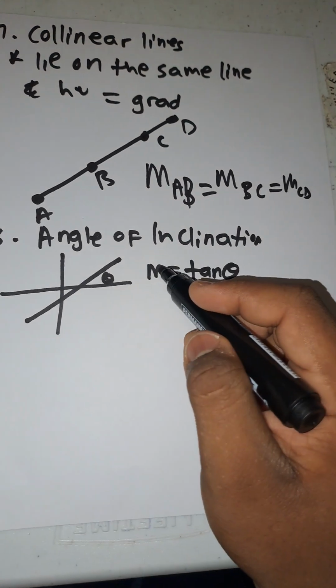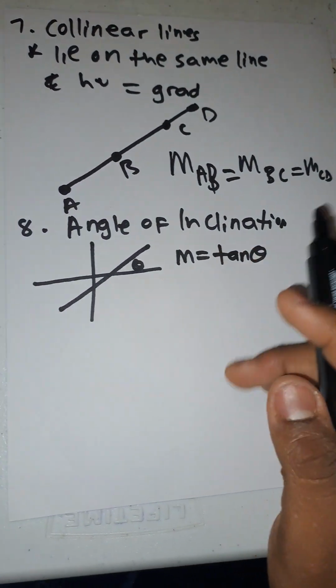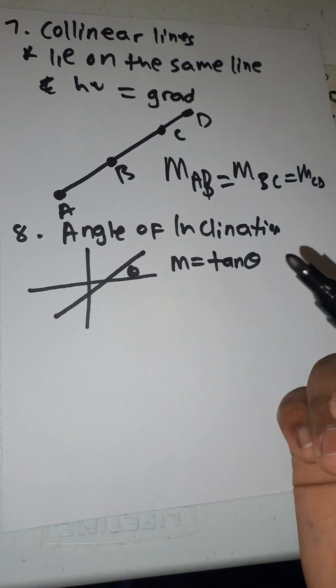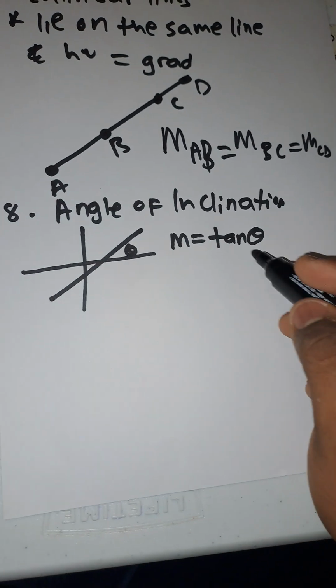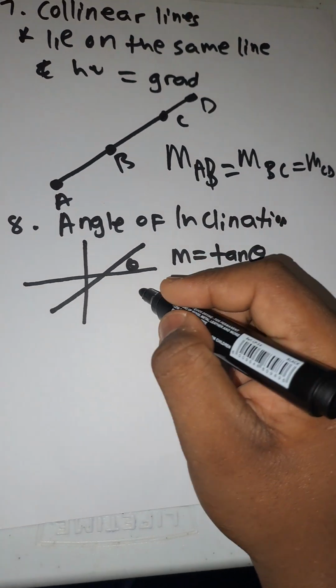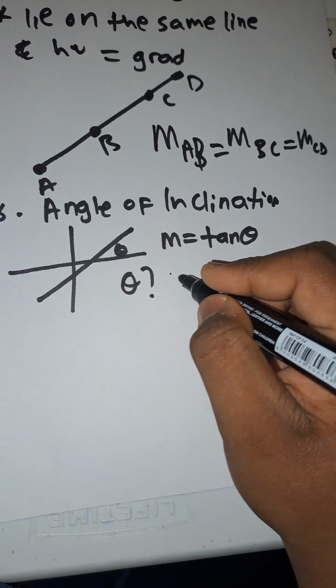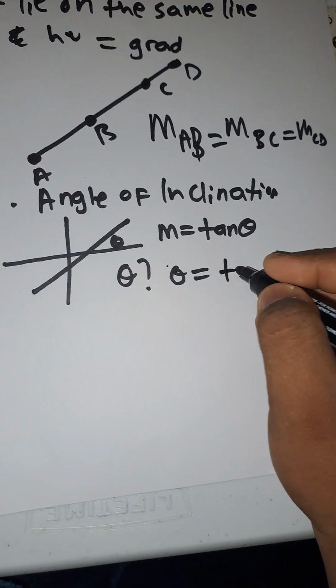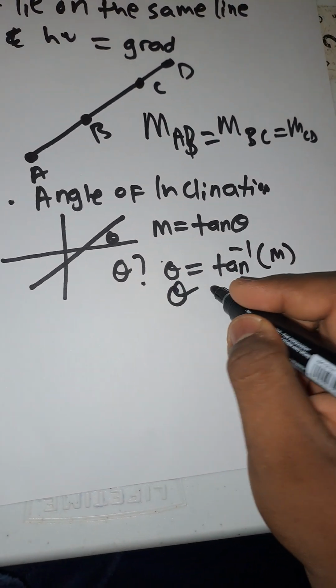You already know that this m represents the gradient. So for you to get the gradient, you simply say m is equal to tan and then the angle that will be given. Or if they want theta, it will be theta is equal to arctan of the gradient you have, then you get the theta.